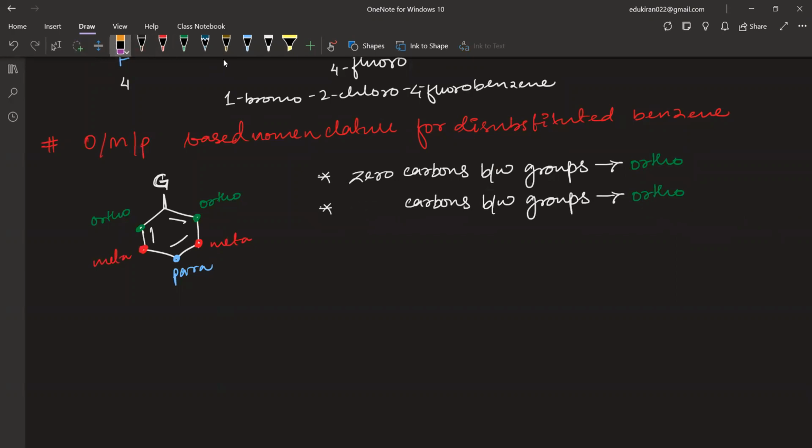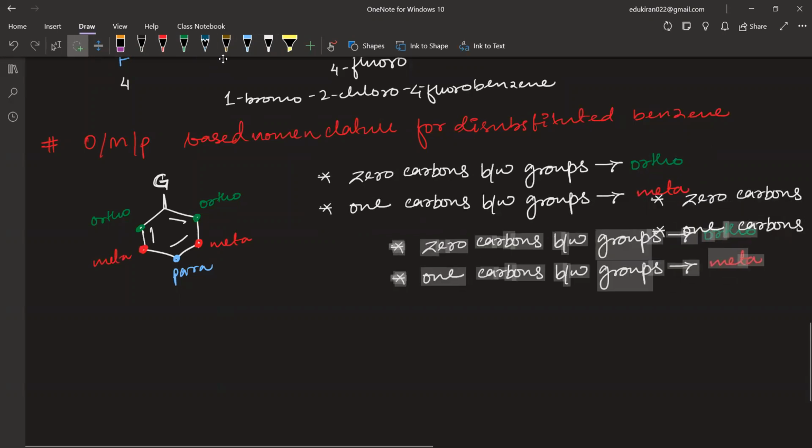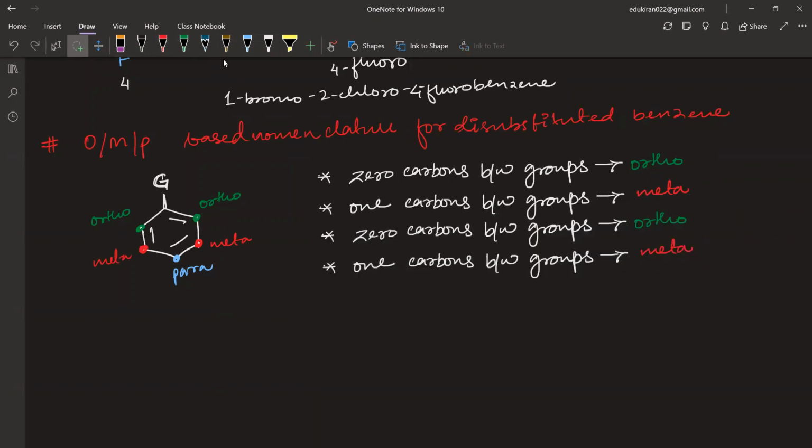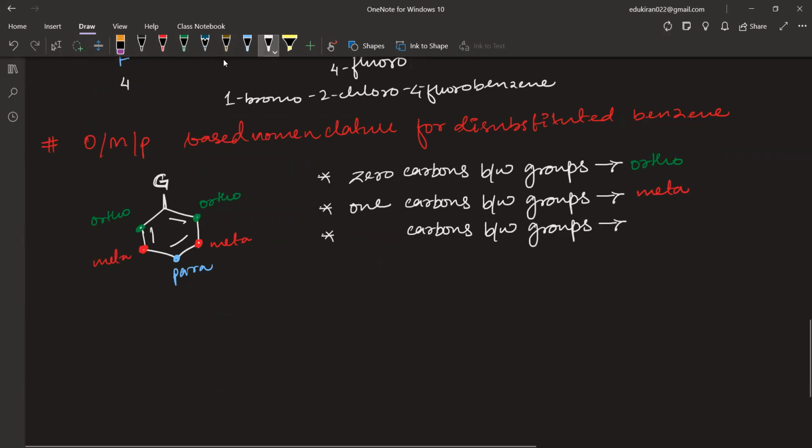And if there is 1 carbon between the groups, then it is going to be meta. And if there are 2 carbons in between the groups, then it is going to be para.